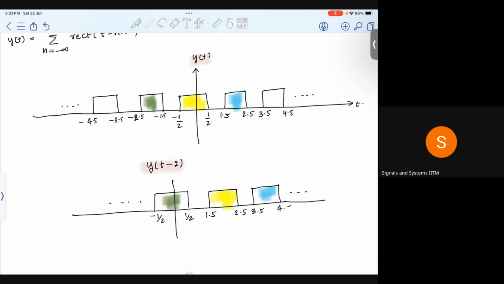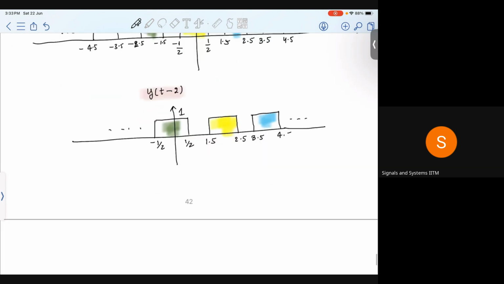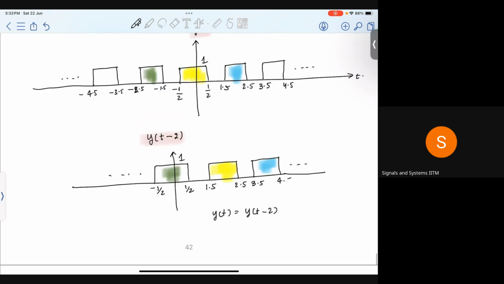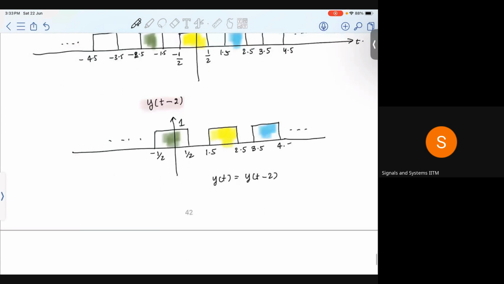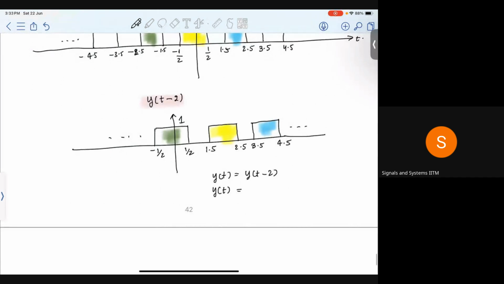and this is y of t minus 2, right? If you could see, your y of t signal is exactly equal to the signal y of t minus 2. So there is no change in the signal even after you shift it with respect to the time axis. Similarly, y of t would also be equal to y of t plus 2, y of t minus 4, and y of t plus 4.